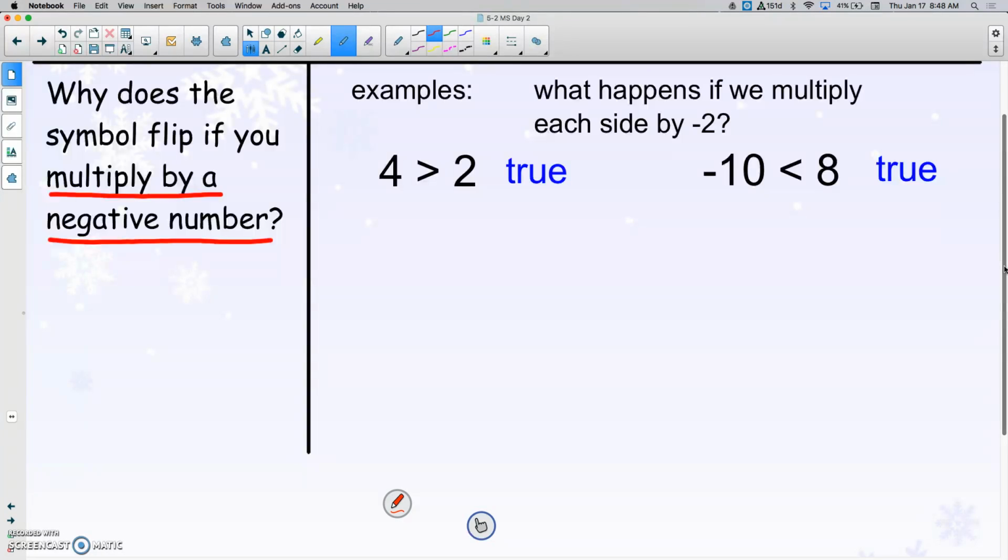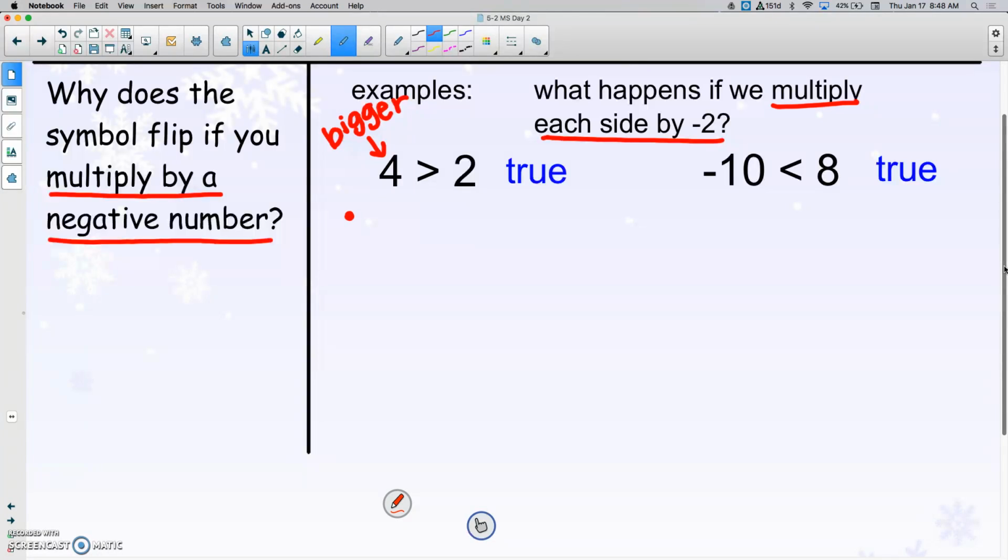So we're starting with the inequality 4 is greater than 2. 4 is greater than 2. This is the bigger number right here, 4. So if we multiply each side by -2, what is going to happen to this inequality?